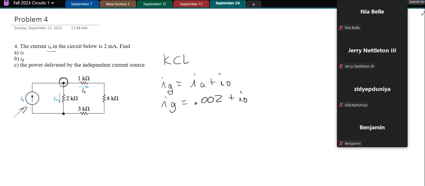I can say that I have ground here if I wanted to. And I can say a KVL going around this loop.